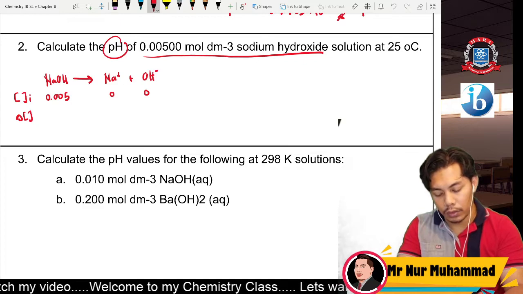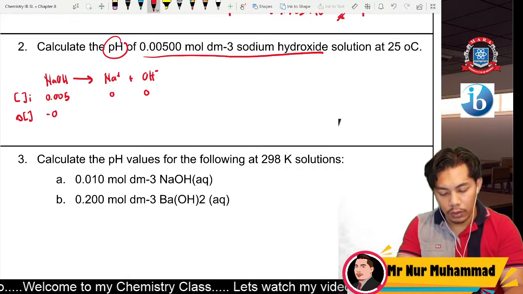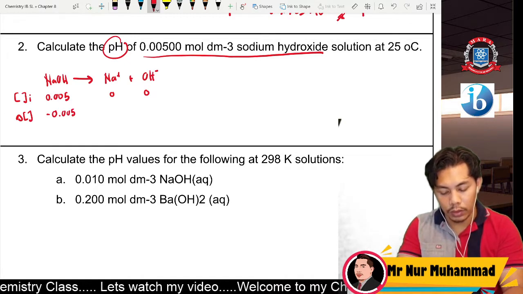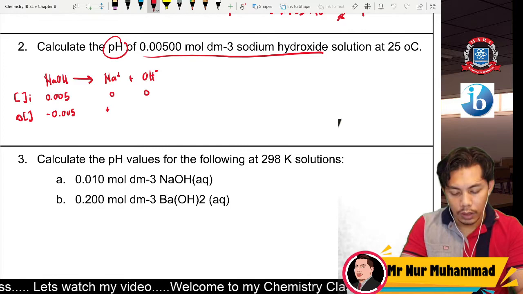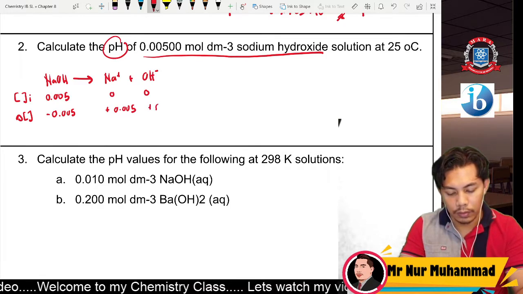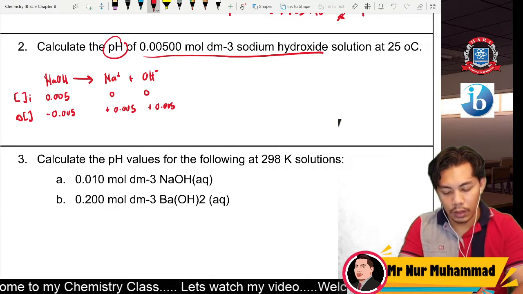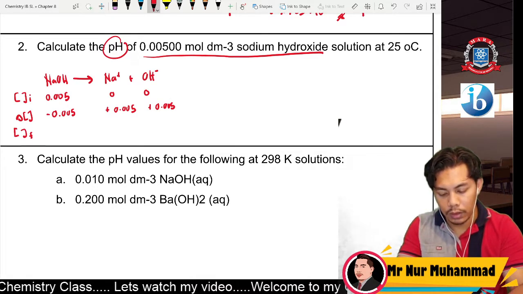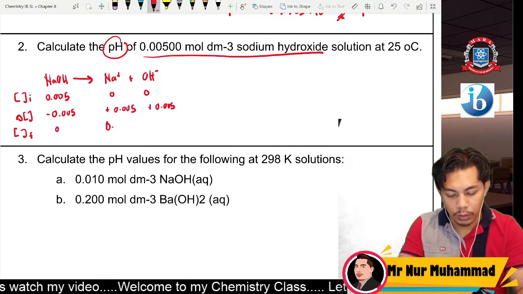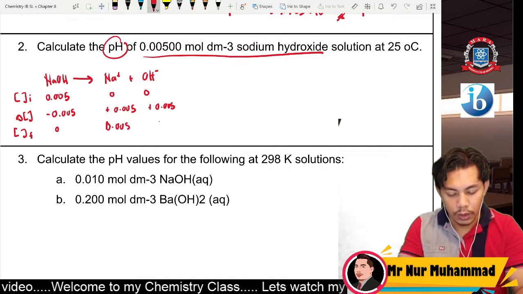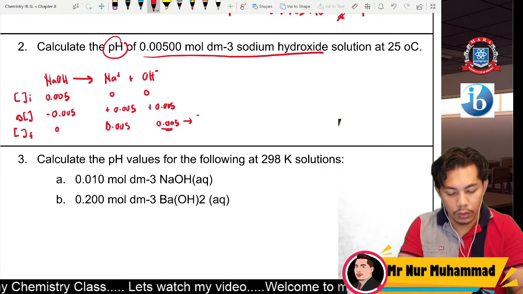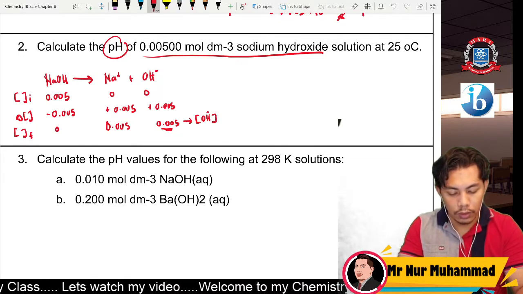For the change in concentration, all the base dissociates completely in water, so it loses the total concentration, and the products gain the same concentration as the reactant. So the final concentration of the reactant becomes 0, and the concentration of sodium ion is 0.005, hydroxide ion also 0.005. So this is our concentration of hydroxide ion.